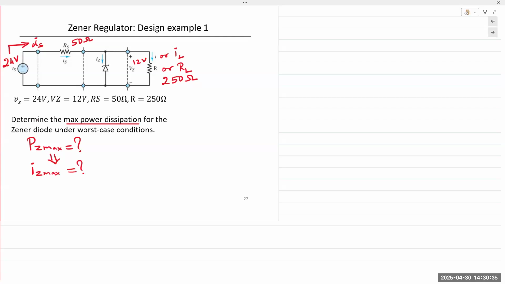IL is at? What happens to IL if Zener current is maximum? It goes to minimum. IL goes to minimum. Load current goes to minimum value. What is the lowest value possible for IL?